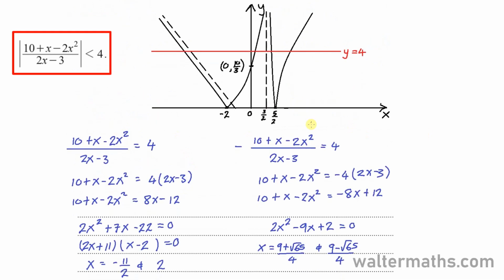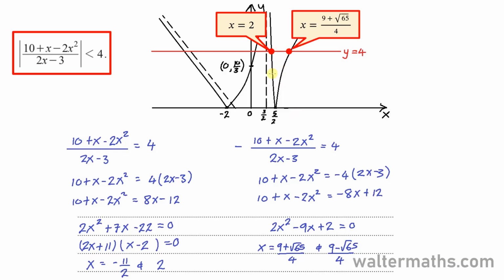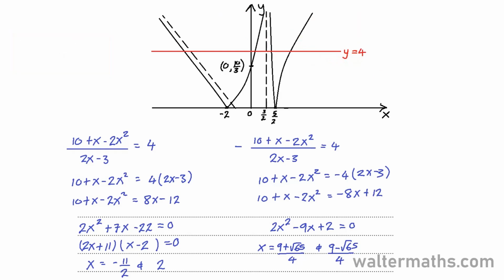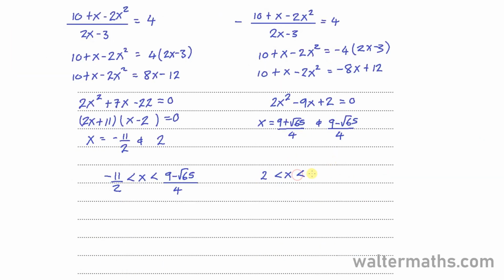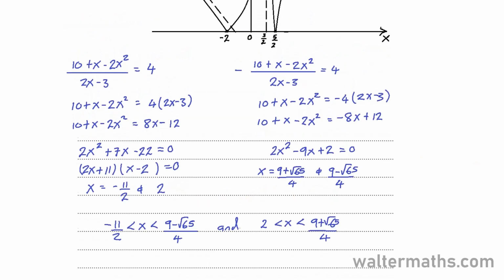And also between this point and this point, that's where the modulus graph is below that of the graph y equals 4. So that's between 2 and 9 plus root 65 over 4. So these two give us the solution. And that's it for this question here.